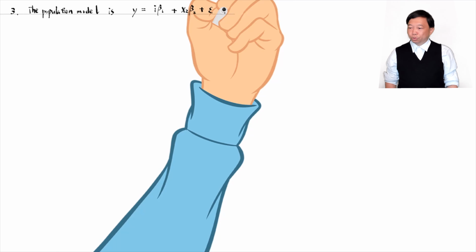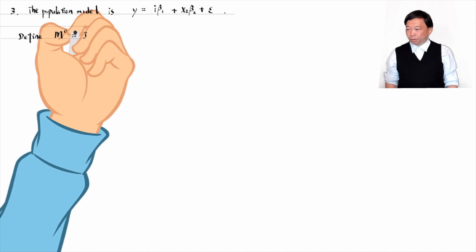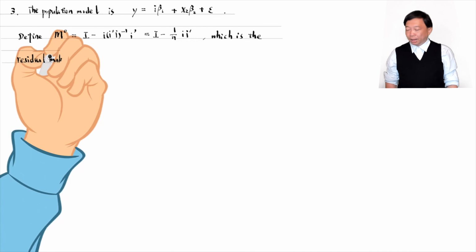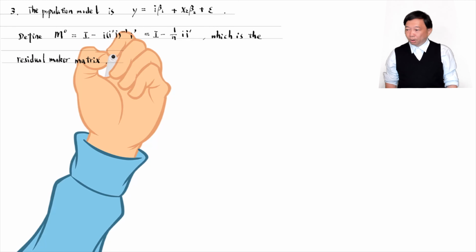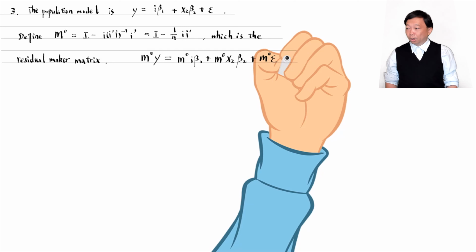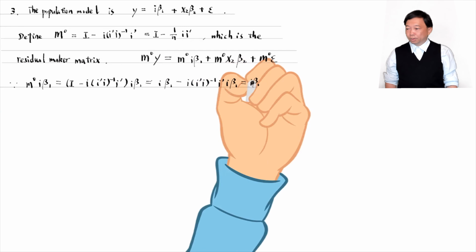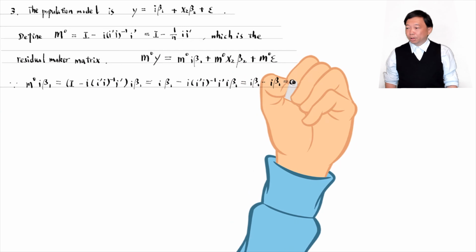Define the residual maker matrix M0, where the uppercase I is the identity matrix with 1s on the diagonal, and the lowercase i is the column vector with 1s. Then, the population model is pre-multiplied by M0 on both sides. We can show that the first term is 0.